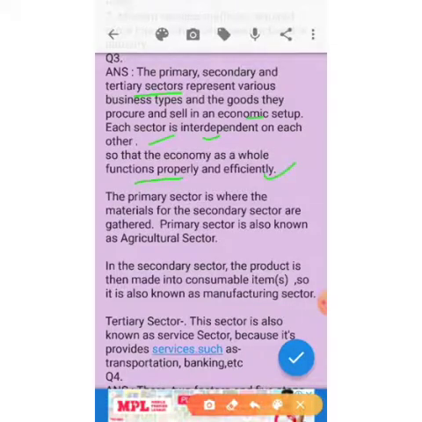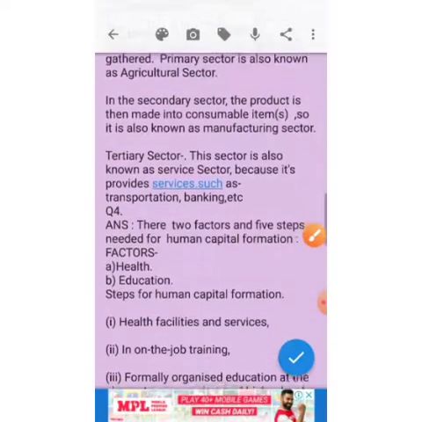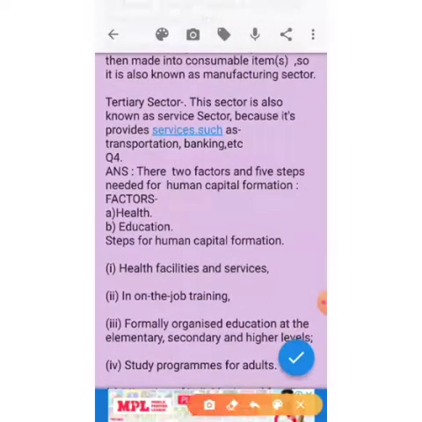Primary sector is where the materials for secondary sectors are gathered. Primary sector is also known as agricultural sector. In the secondary sector, the product is then made into consumable items. So it is also known as manufacturing sector. Third is tertiary sector. This sector is also known as service sector because it provides services such as transportation, banking, etc.